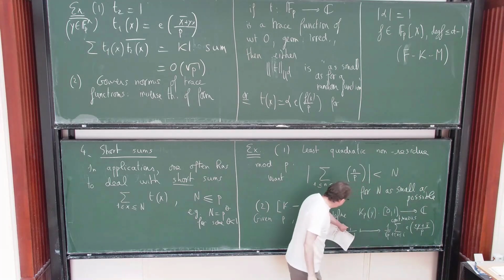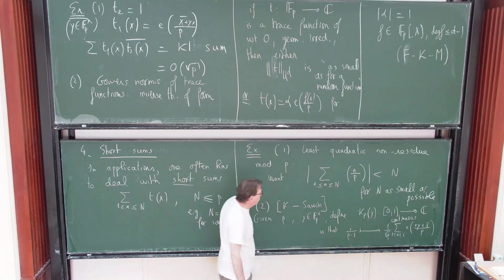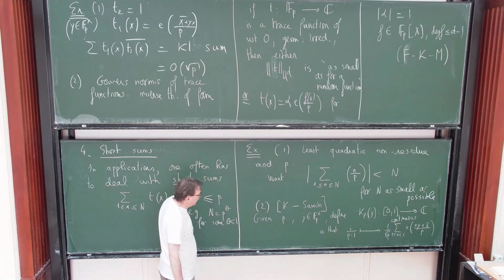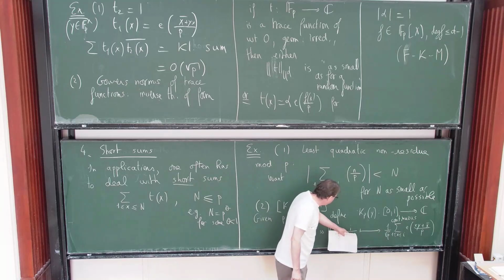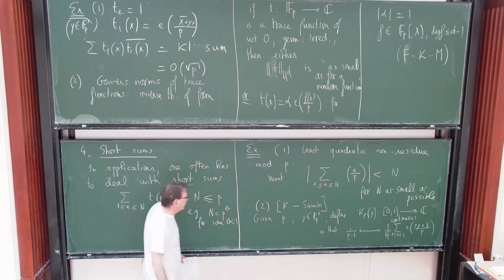So if I take i equal to p minus 1, that tells me that 1 goes to the full Kloosterman sum, and if I take i to be (p minus 1) over 2, I get the middle point of this picture that I drew.